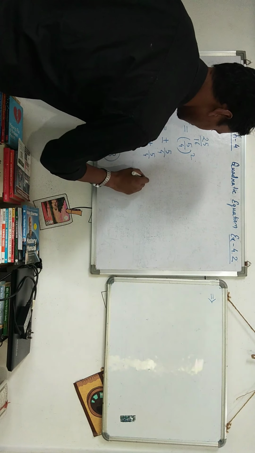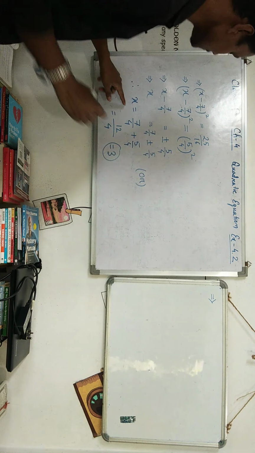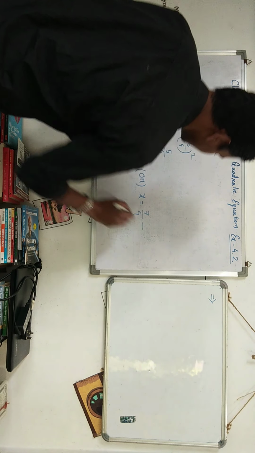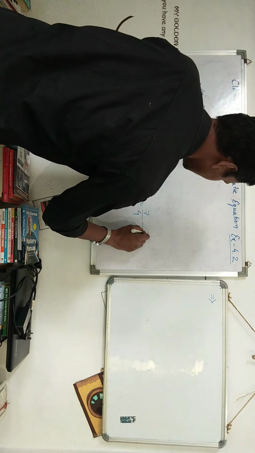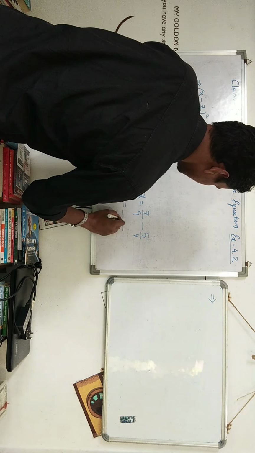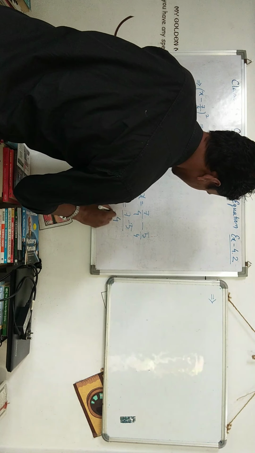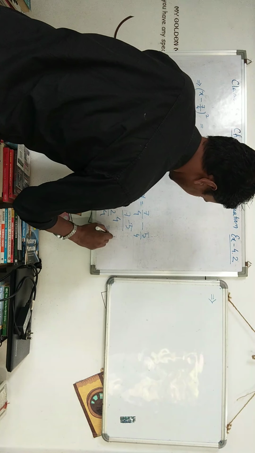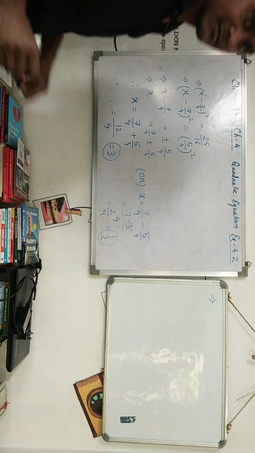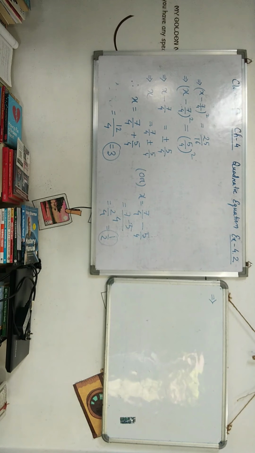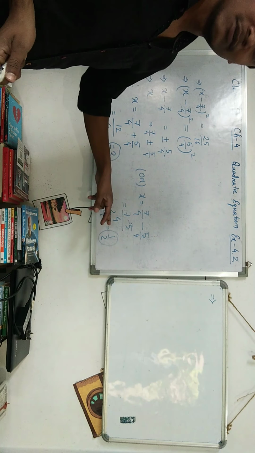Or x is equal to 7 by 4 minus 5 by 4, 7 minus 5 is 2 by 4, which is equal to 1 by 2. So this is also another answer. Okay, so the answer is, first one is 3 and second one is half.